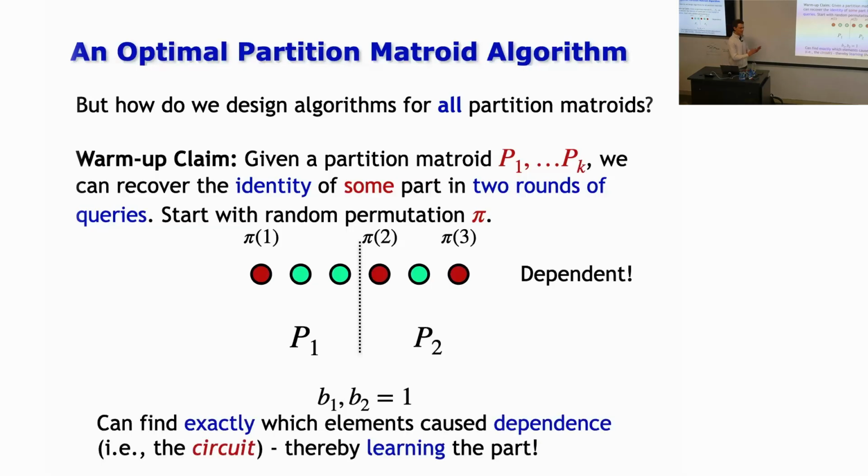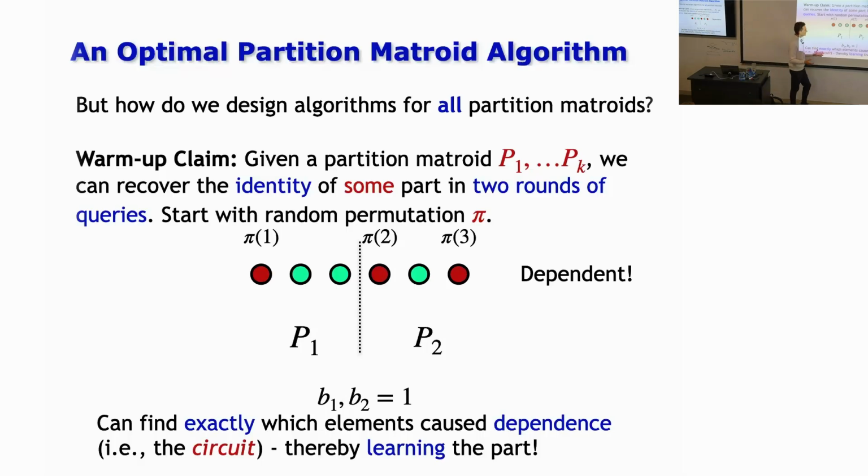In the claim, which I'm not going to go exactly into detail on, but it's relatively simple, given a setting like this, you can actually learn what the budget is of part P2, and you can learn which elements caused the dependence in part P2. Here it was elements pi of 2 and pi of 3. There's a very simple way to learn that these elements are in the same part, and that they violate the budget of part P2.